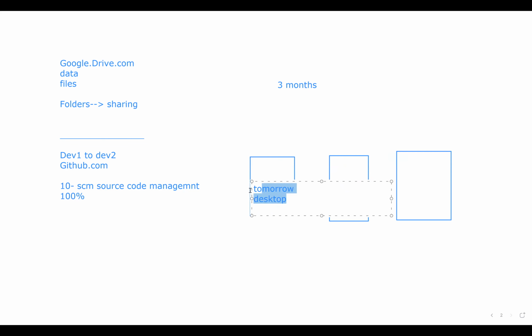Suppose he got some update and updated his laptop, or the OS crashed. What will happen? All the work he has done for the last 3 months will be erased. In this scenario, he can't deliver the code on time. He can't deliver the code to the production server. So imagine this is the production server.